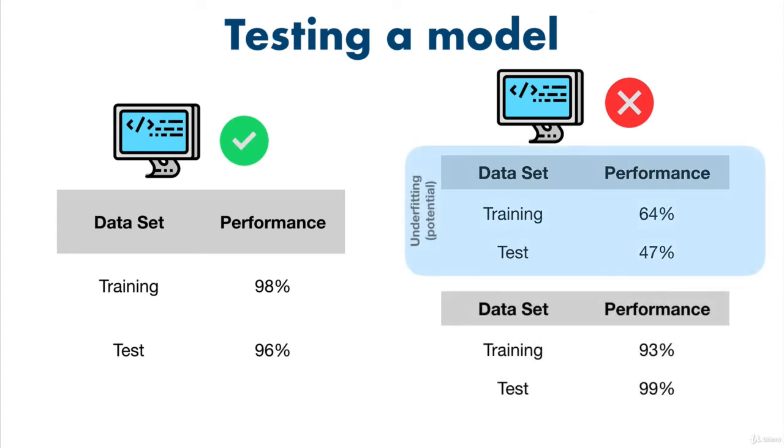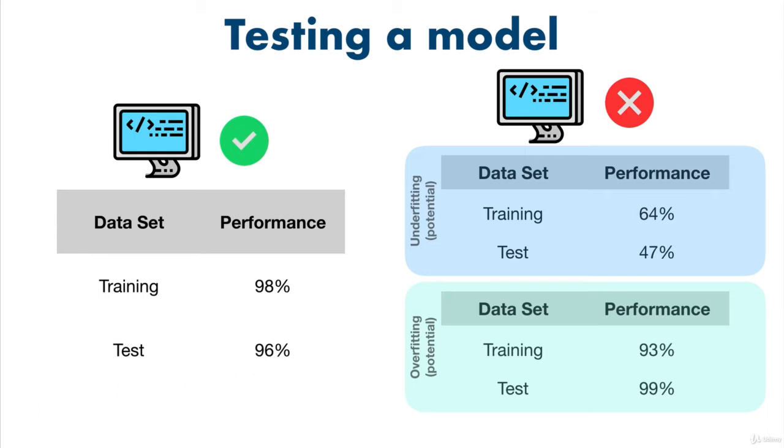And it's not uncommon to see a slight decline in performance from the model on the training and validation set to the test set. For example, your model might achieve 98% accuracy on the training data set and 96% accuracy on the test set.